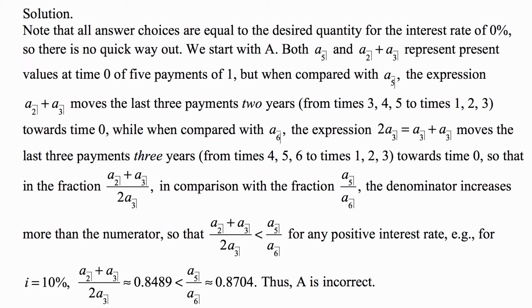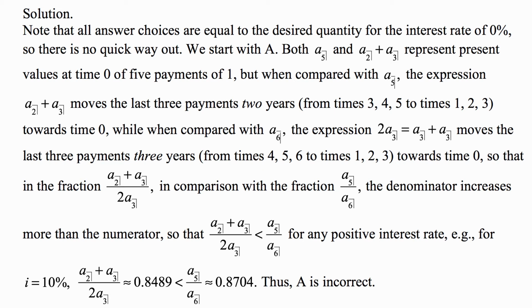So in the fraction a angle 2 plus a angle 3 over 2a angle 3, in comparison with the fraction a angle 5 over a angle 6, the denominator increases more than the numerator, so that a angle 2 plus a angle 3 divided by 2a angle 3 is less than a angle 5 over a angle 6 for any positive interest rate.